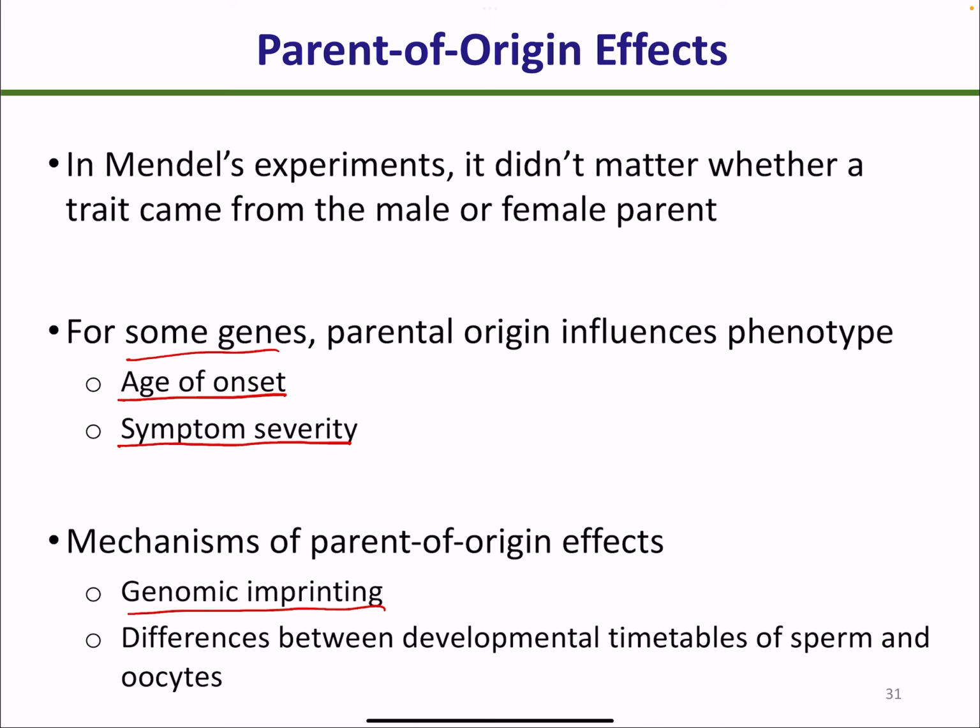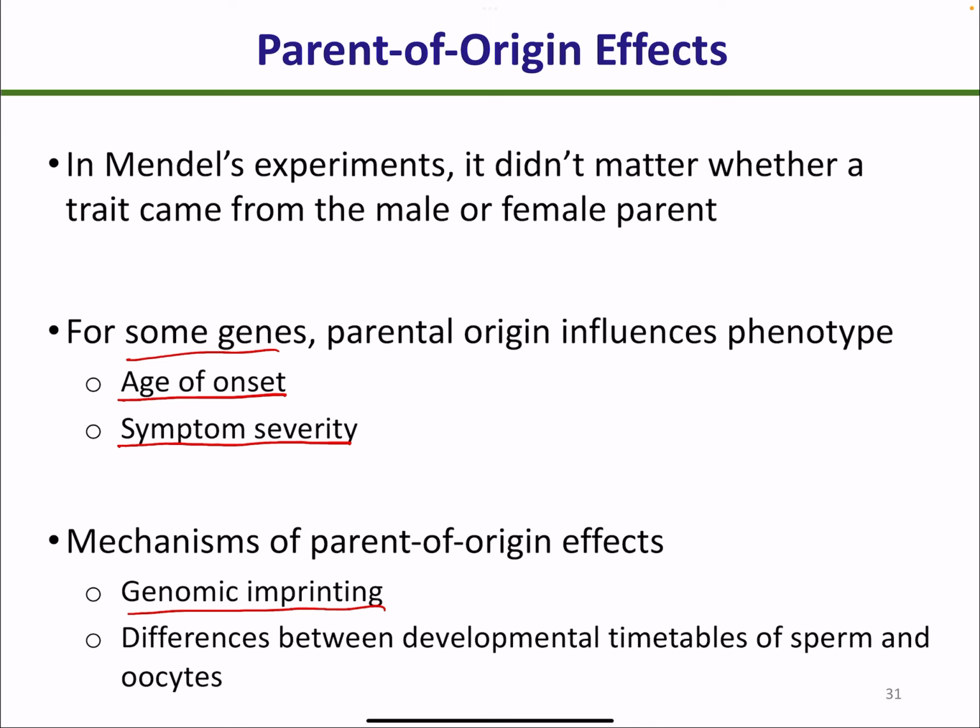That is the reason why during meiosis you have removal of methyl groups, so that when these methyl groups come and attach again, there is no prediction whatsoever as to which area is going to be imprinted in the next generation.